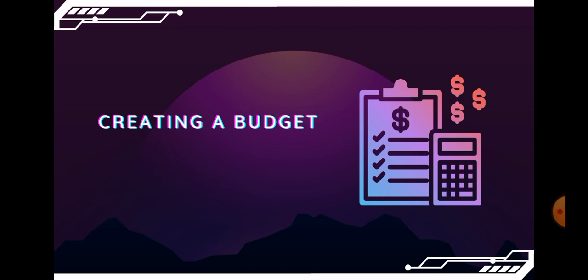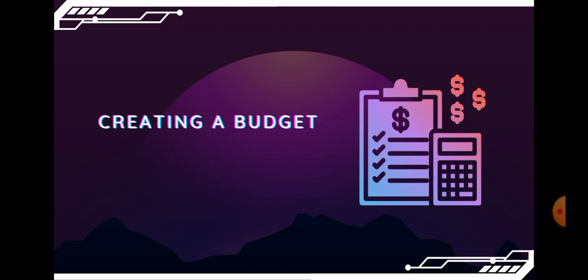This can include items such as cost of materials, cost of labor, cost of advertising if you are running advertising, and cost of rent if you are using rented accommodation for your business. All this will be captured in your budget.